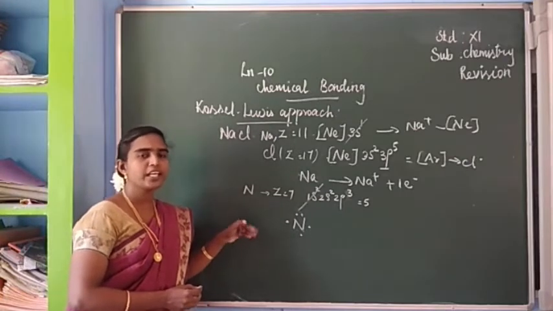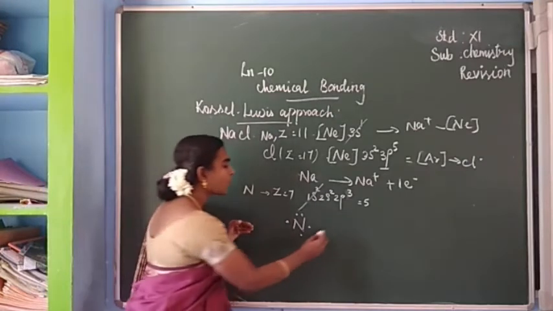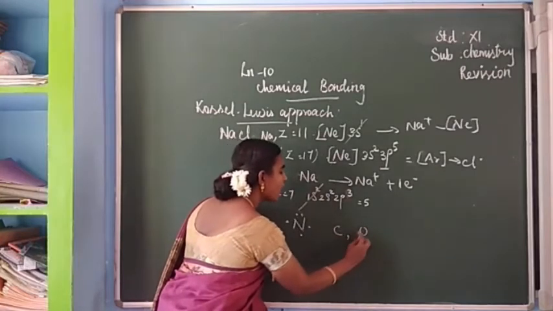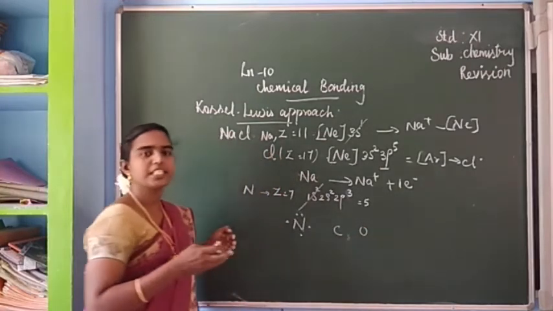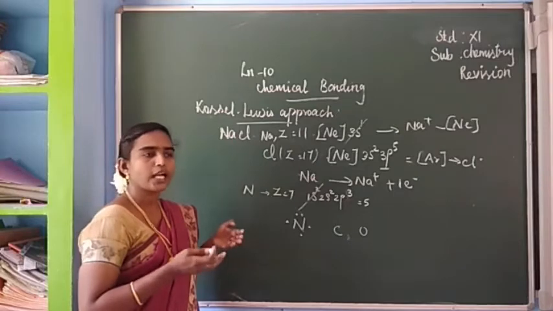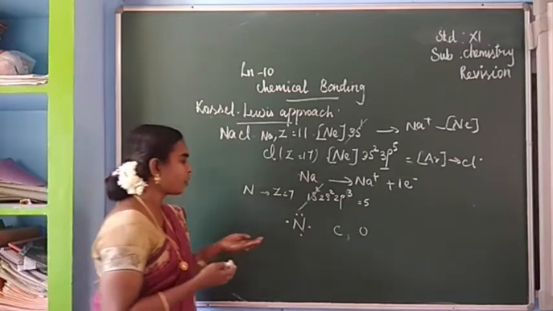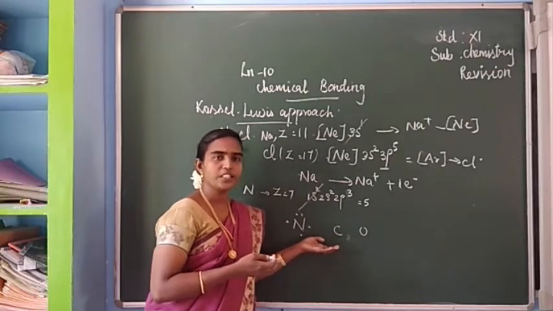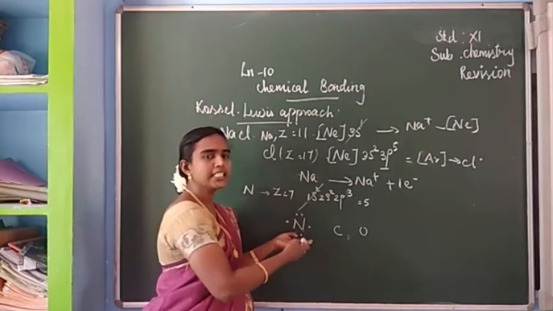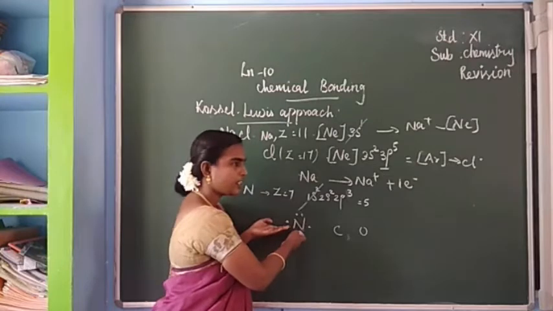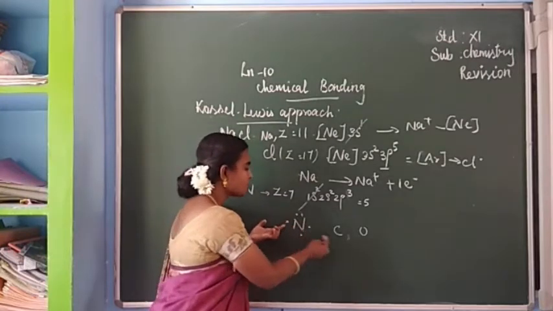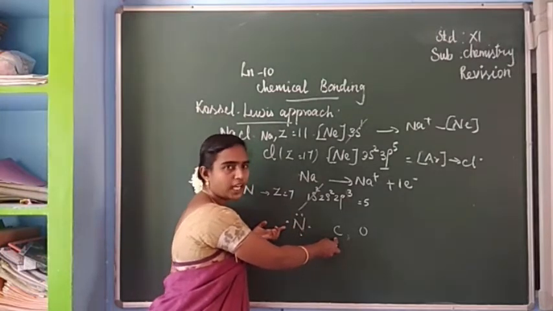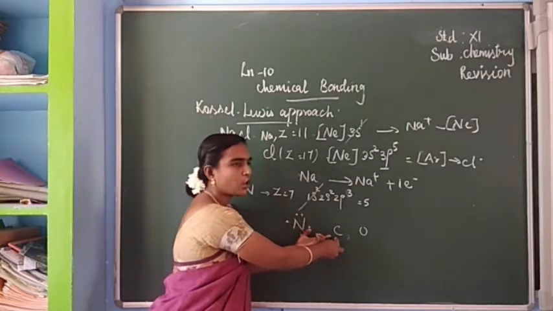The same way we can write for carbon, oxygen or whatever atom may be given as a question. So, write the Lewis dot structure for the carbon atom or oxygen atom. If you are thorough with the atomic number, it is easy to write these dots, that Lewis dot structure. So consider carbon. Carbon, what's the atomic number, students?